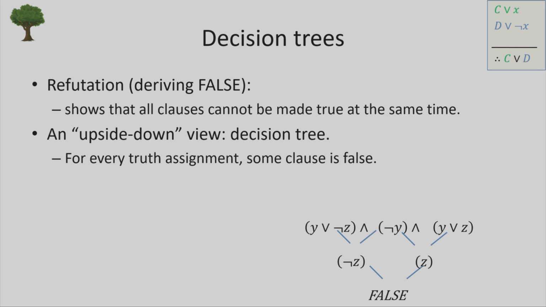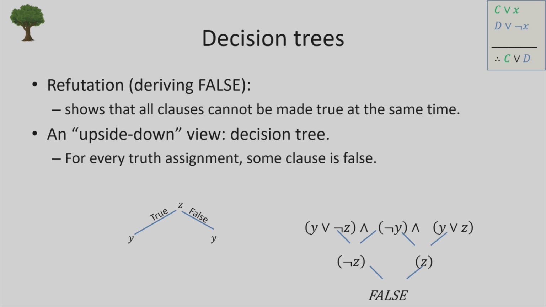A decision tree is a computer science structure where at every point in time you ask a question, and depending whether the question came up yes or no, you may be asking other questions, and you keep doing it until you figure out what the answer should be. So for example, we start by looking at the variable z, and we ask, is z true or false? Okay, suppose that it's true.